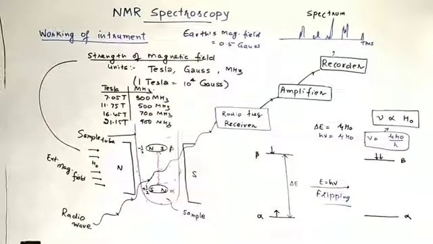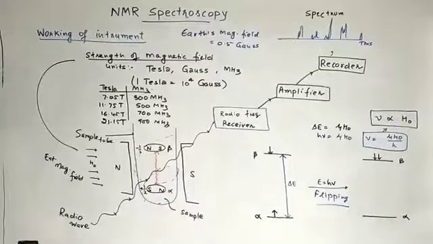Now, this is the overall instrumentation, how the instrument works. Suppose we go with the sample in our hand to the technician for NMR. About 40 milligrams of sample is required, and we must tell the technician in which solvent it is dissolved, either CDCl3 or DMSO.